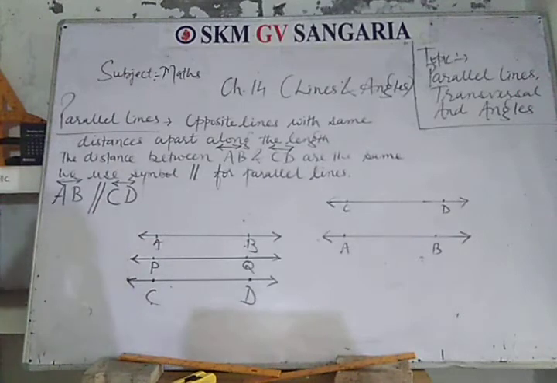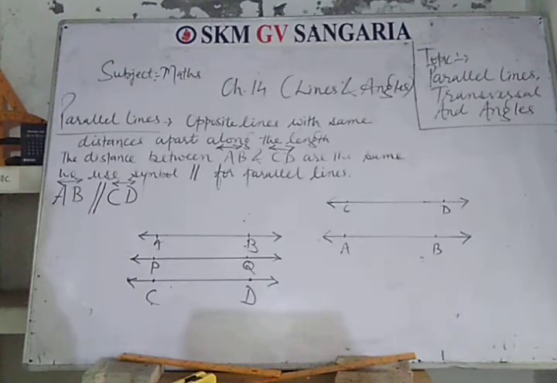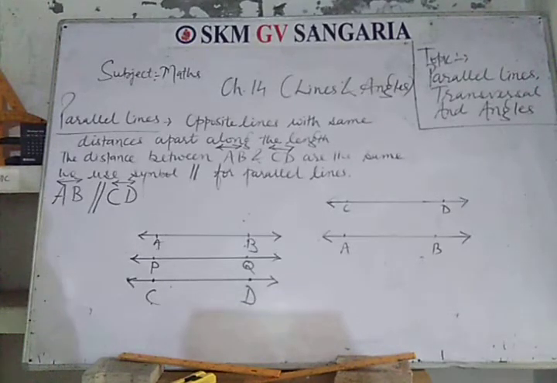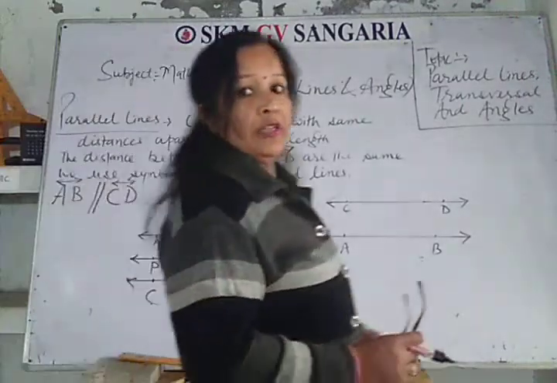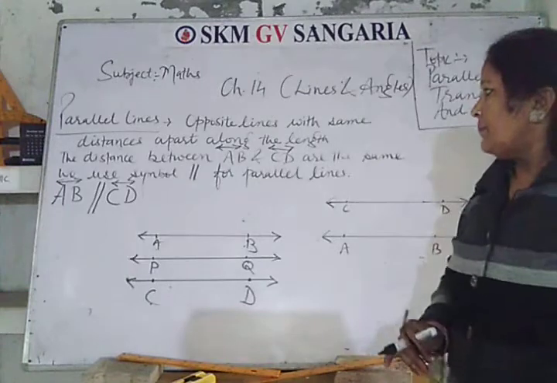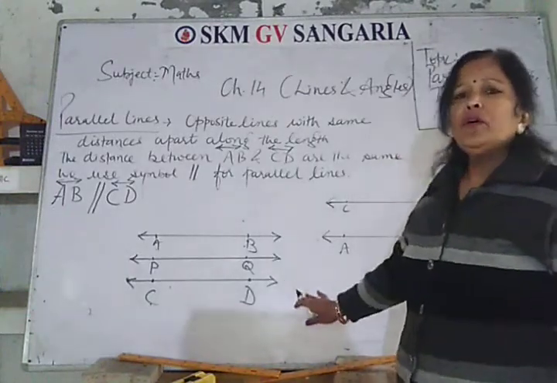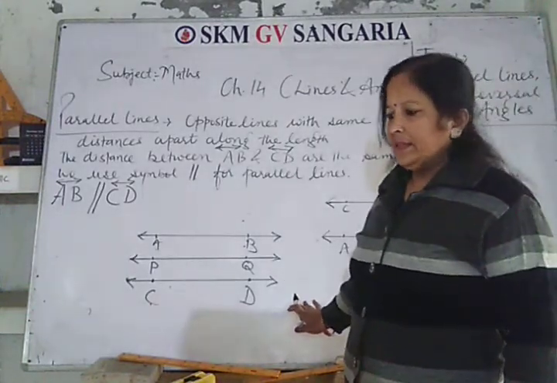Then you can take examples of the railway tracks. Have you seen railway tracks? The railway tracks never meet each other. This is also one of the examples of parallel lines.